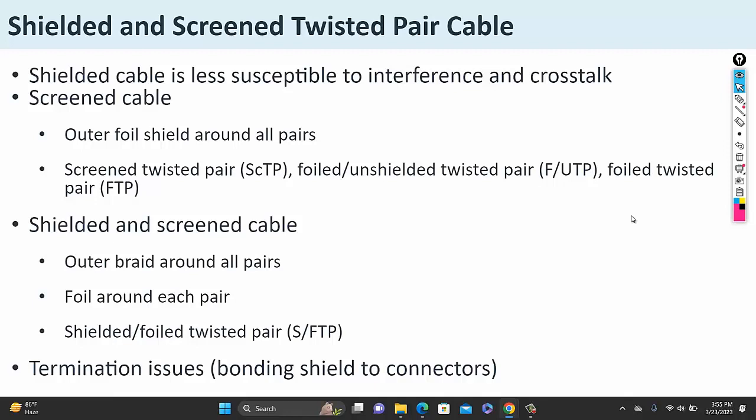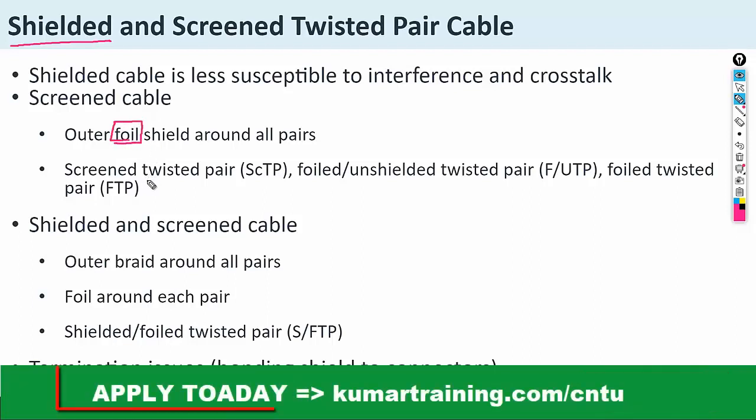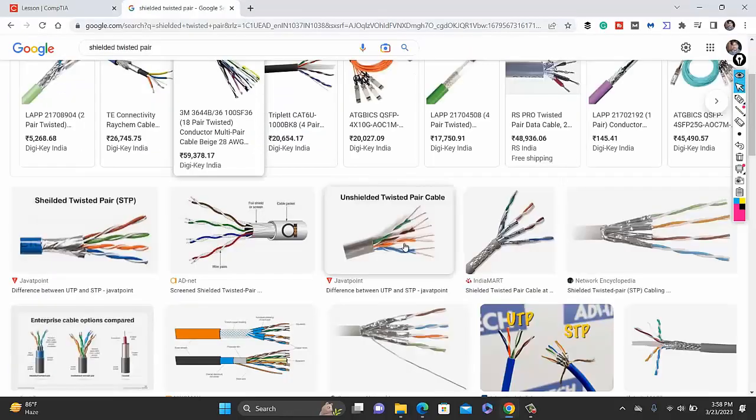In this section we will discuss shielded and screened twisted pair cable. Unshielded means there is no shield, but shielded means there is a shield of foil paper. All of us know about foil paper. This foil shield goes around all pairs, and some cables are double shielded.